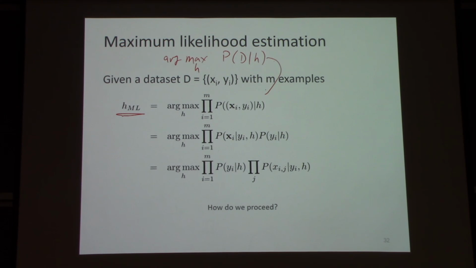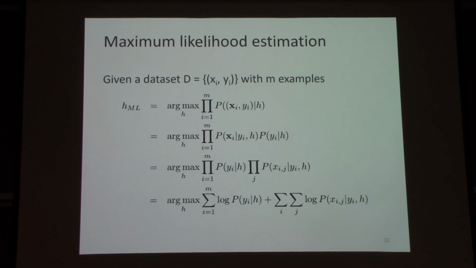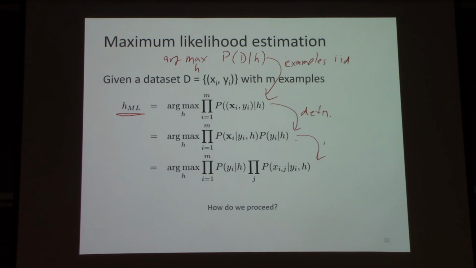From here to here, we said that all examples are IID. And from here to here, there's no magic going on, this is just a definition. And here to here, it's the naive Bayes assumption.